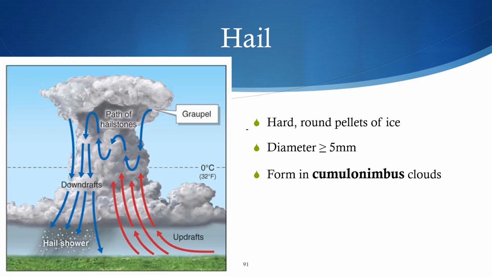As it starts to descend towards the ground, it runs into that warmer air coming up and it starts to melt. But that air coming in from the bottom pushes it back up into the cold section, and then this allows more ice to freeze onto it, making it increase in size.